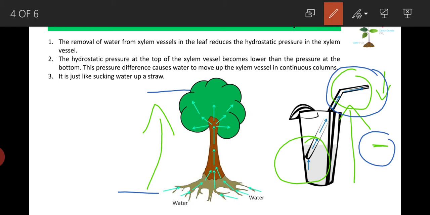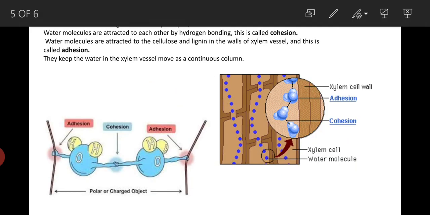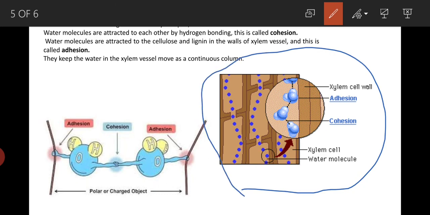The movement of water up through the xylem vessel is by mass flow, which means that the water moves as a body of liquid, the same as the water in a river. As you can see in the picture, the water moves like water in a river.